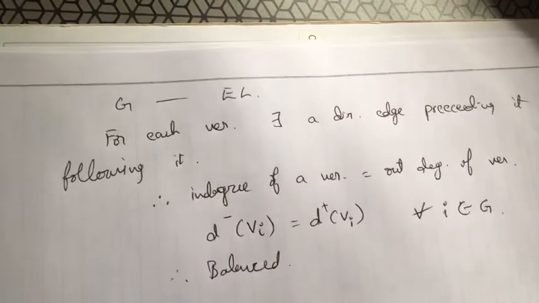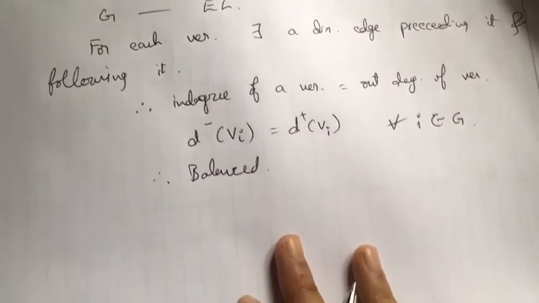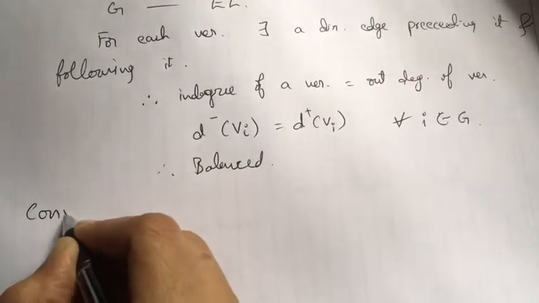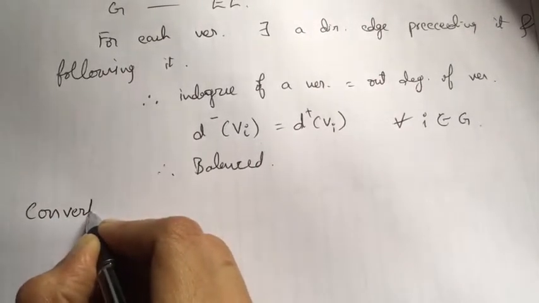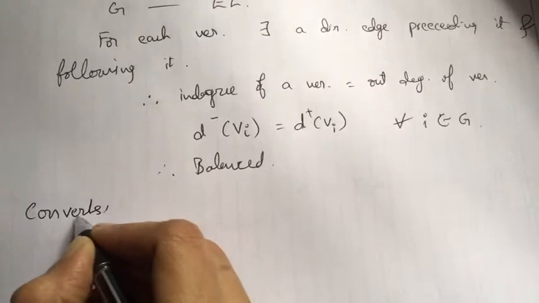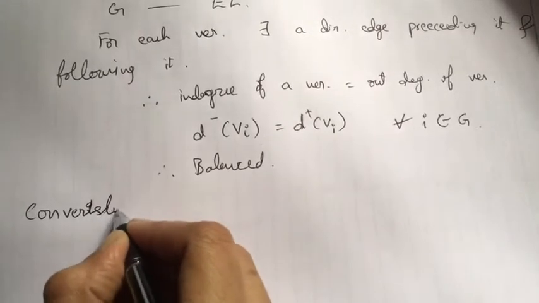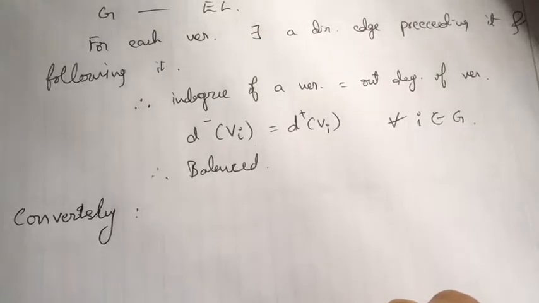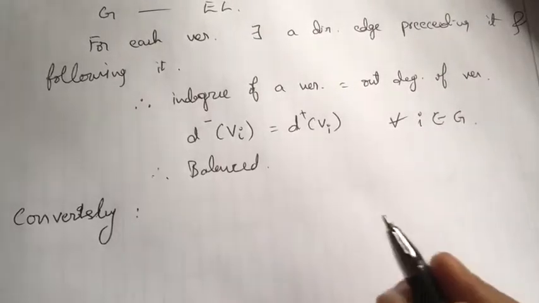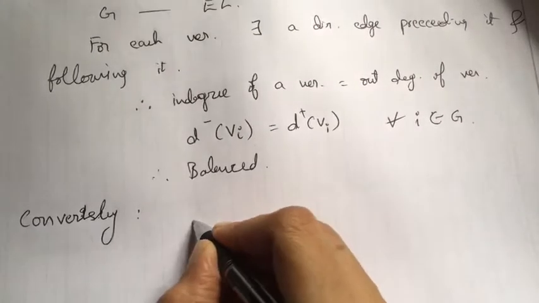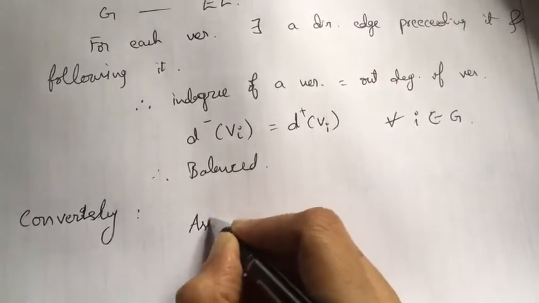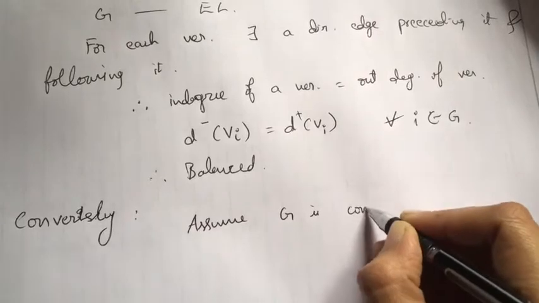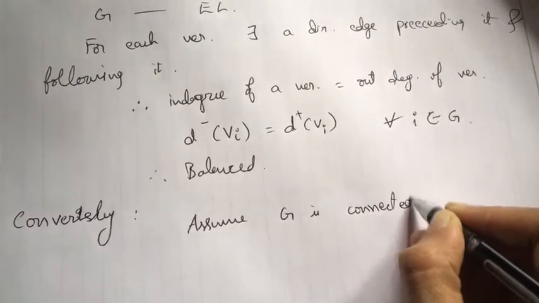If I take the second part, if the graph is connected and balanced, then I have to prove that it is an Euler digraph. So assume that G is connected and balanced.